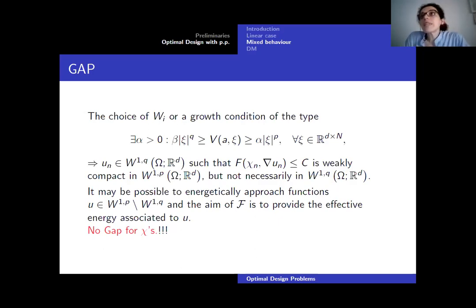So essentially, there is no problem in describing calligraphic F whenever the target u is in W^{1,q}. But the complicated part is what happens when u is in W^{1,p} and not in W^{1,q}. And of course, there might be cases where this calligraphic F is still finite, but the field u is not in W^{1,q}.